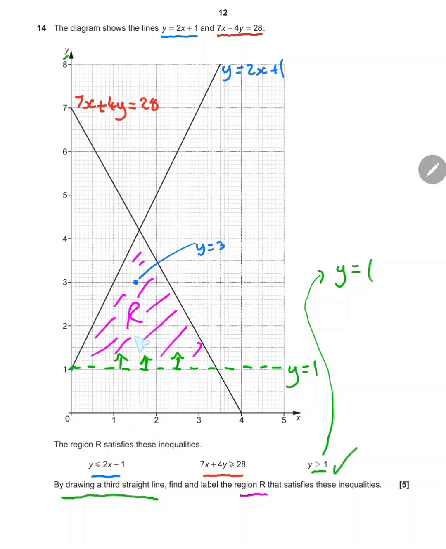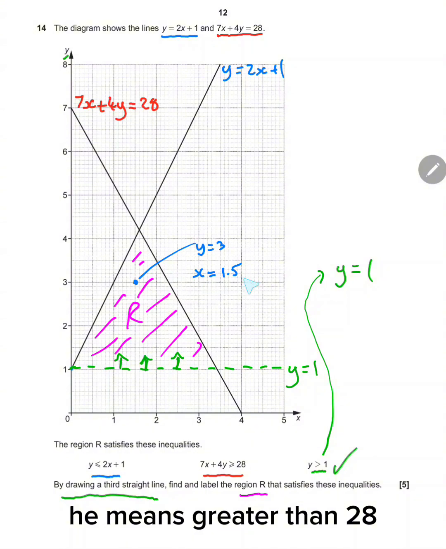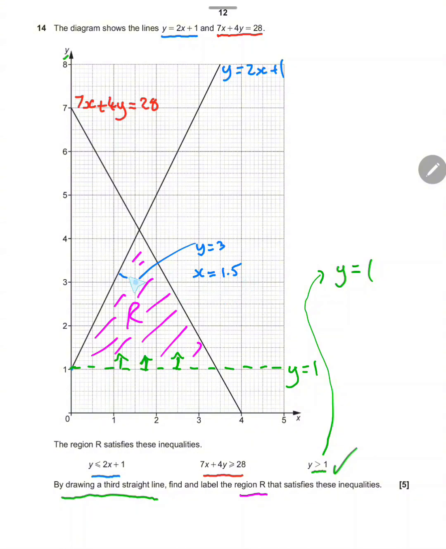The x value is 1.5. Should have picked a nicer point. Is y smaller than 2x add 1? Well, 2x would be 3. Add 1 would be 4. y is smaller than 2x add 1. So that's good. That point works and it sits in the region.